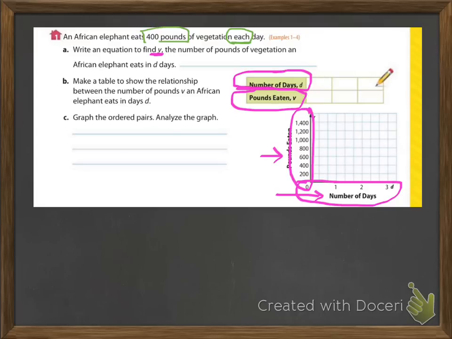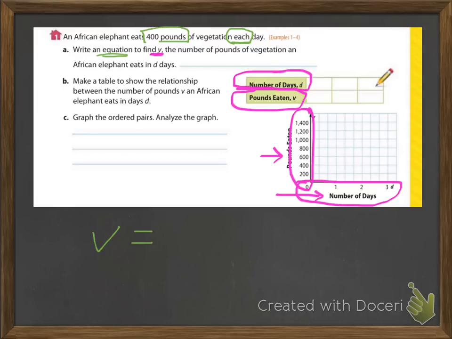So what we want to first do is start with that equation. V is going to be by itself because V is the total, basically. It's the amount of vegetation that they'll eat after so many days. And it's going to be equal to, remember this is an equation that we're writing, so there needs to be an equal sign.